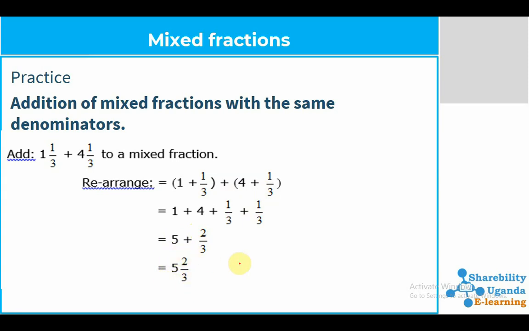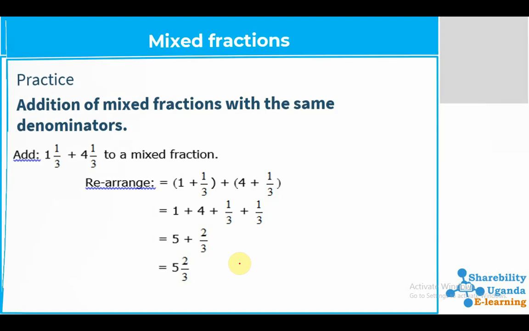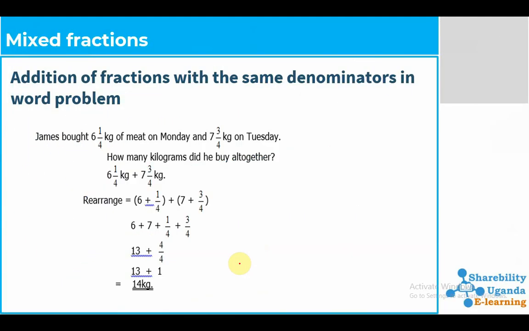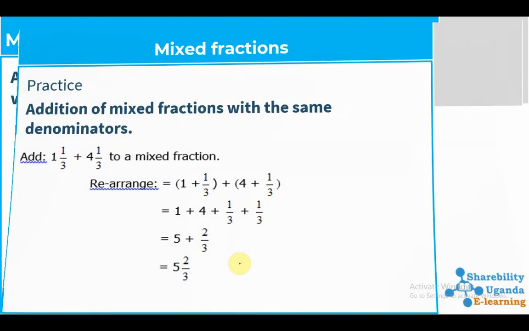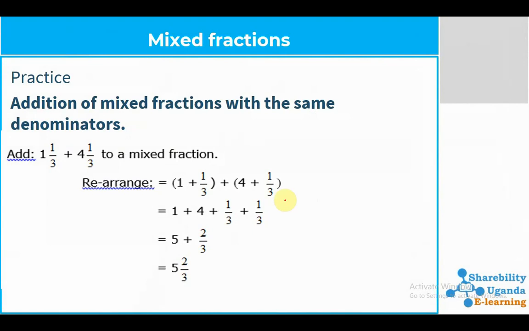So similarly, we can also use another method, the other method we talked about. Here I've been given 1 whole number 1 out of 3, then plus 4 whole number 1 out of 3. We can use the method we used before.